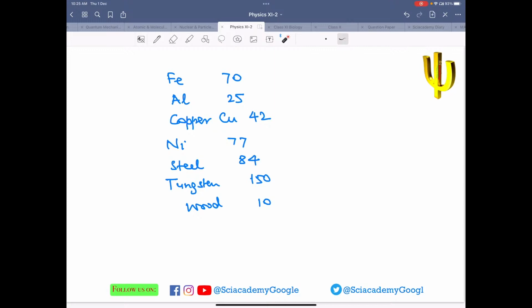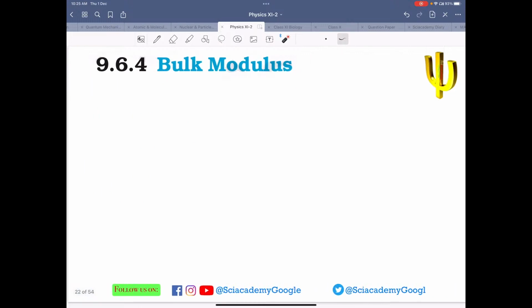Now let us discuss the bulk modulus. So bulk modulus is related to the hydraulic pressure, hydraulic stress, and hydraulic strain. So now let us define the bulk modulus.